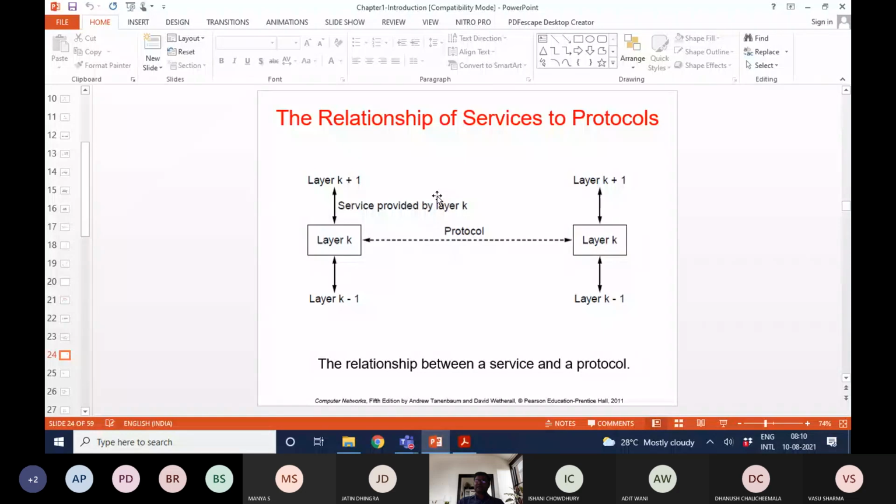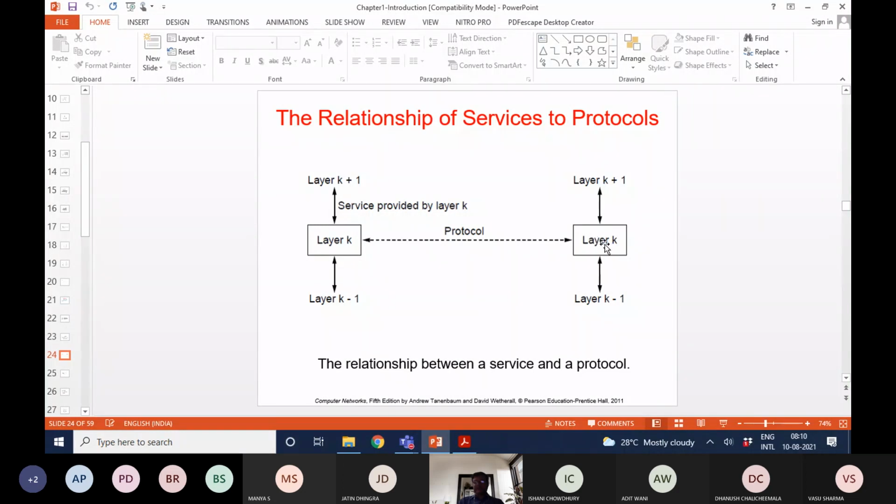Then the next one is the relationship of service to the protocols. We discussed this in the last class: whenever we are in one layer, say layer K, then in both the sender and the receiver machine, the protocols working in layer K will be the same. Whatever protocols work in layer K in the sender machine, the same set of protocols work for layer K in the receiver machine.